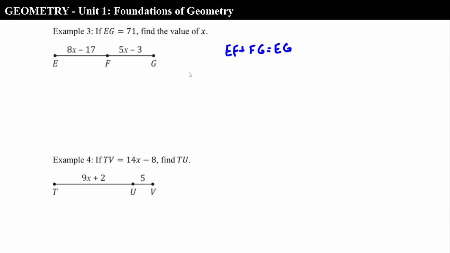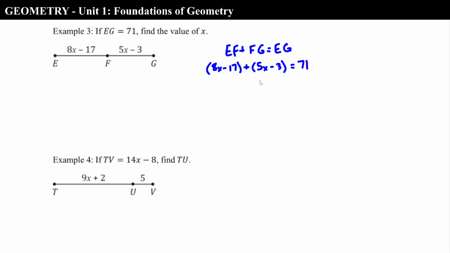Well, we know that EF is 8x minus 17, so we're going to plug that in. We know FG is 5x minus 3, so we're going to plug that in. EG, we're told up here, is 71. And now all we have is an algebra problem. We're solving for x.